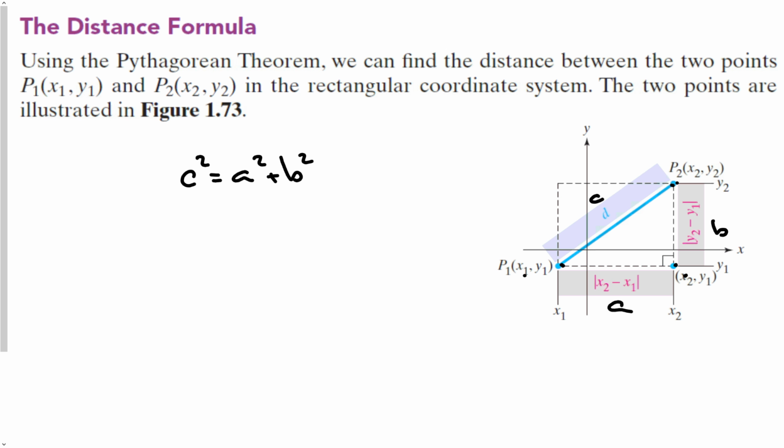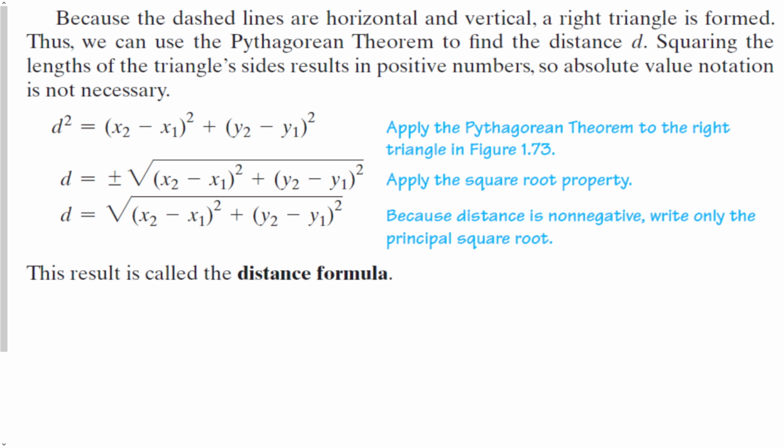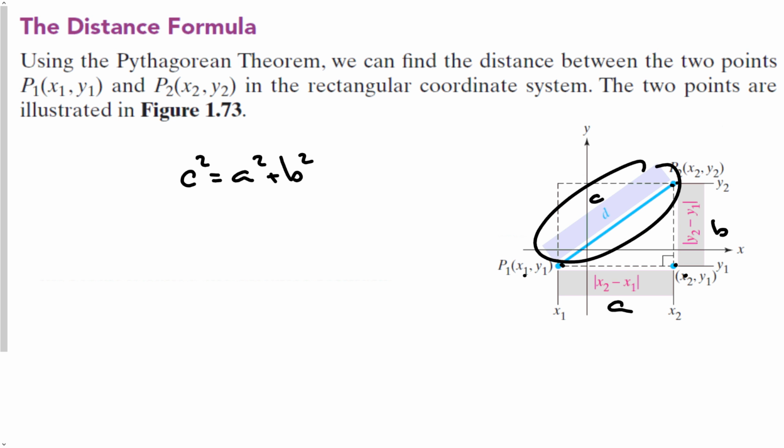Okay, so now looking at the Pythagorean theorem here, I can use these ideas to give myself an equation that I could work with to find the distance, which is that term right there. So I know there's going to be a right angle because I'm going to go left and right and then up and down.